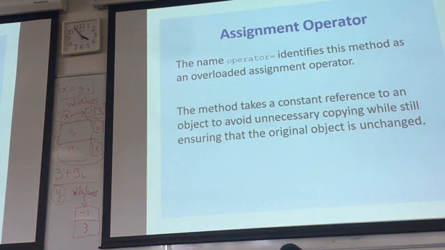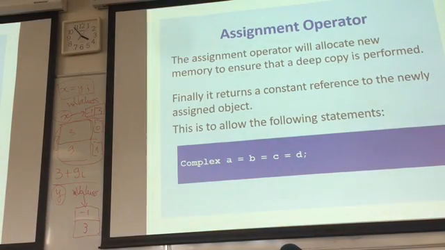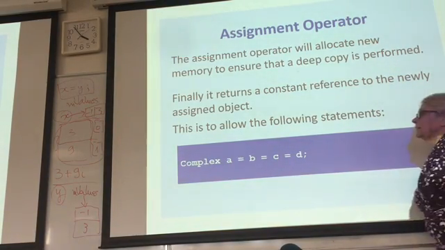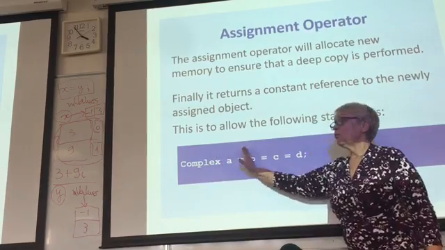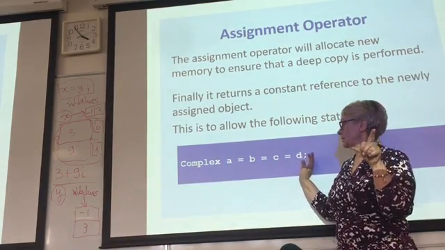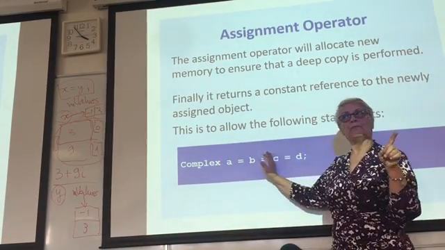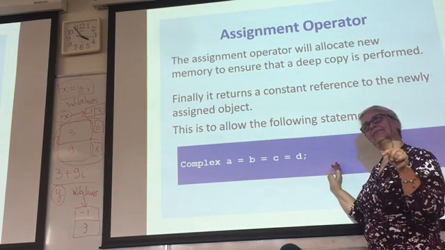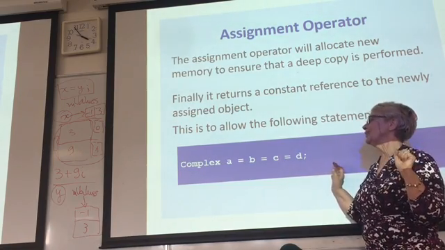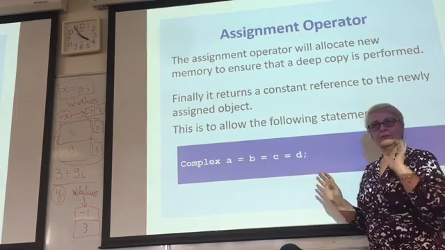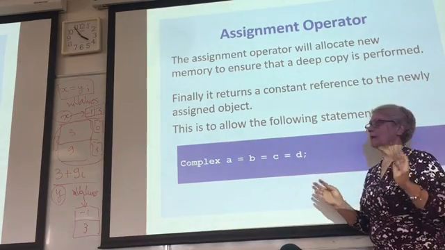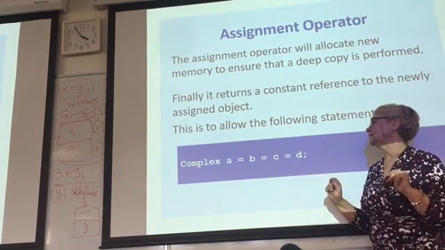We have, to finish soon, some other things. I mentioned this is the name of the operator and constant reference because the things are to be kept unchanged. Why do we return a reference to complex? Because we want multiple assignments. And this is when things become very unusual somehow. We haven't seen things like this.